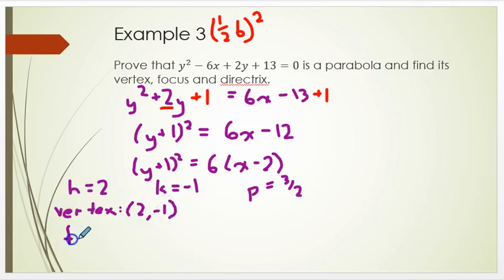The focus, this one will be a little bit more painful because I'm getting a fraction on this. So I'll write this out to show you the steps. Remember, whatever p is attached to, so in this case it's attached to x, that's where I need to add the number. So since p is coming from the x variable, I'm going to add p to my x. So 3 halves plus 2.